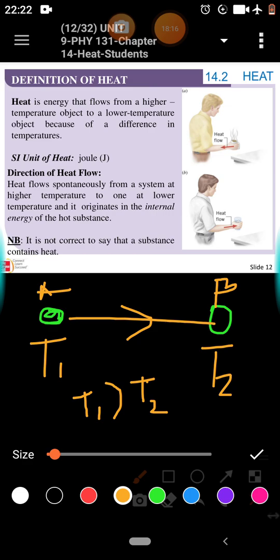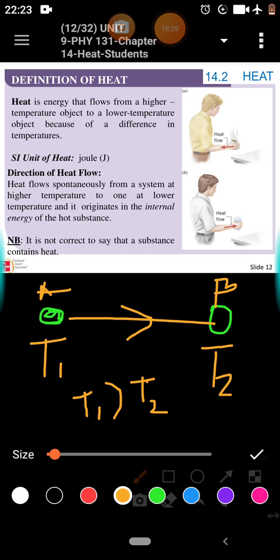of the difference in temperature. So let's say if object A is hotter than object B, then the heat energy will be transferred from object A to B, to such a point where they reach equilibrium, where now the temperature is averaged.